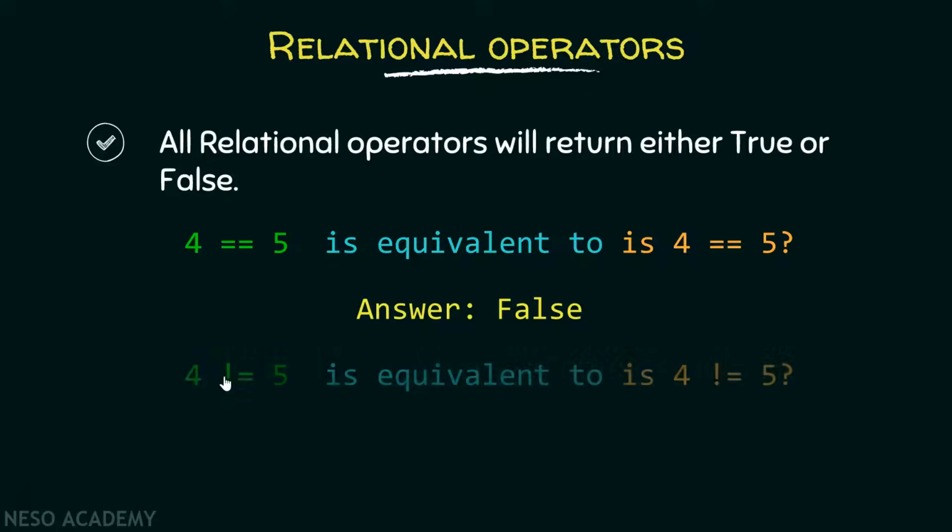On the other hand, if we are trying to compare two values 4 and 5, and if we are using the operator not equal to in this case, then we are saying 4 is not equal to 5. Then the answer would be true because 4 is not equal to 5. Right? So that makes sense. So we are using these operators to find out the relation between two operands or two expressions. And they will return only true or false.